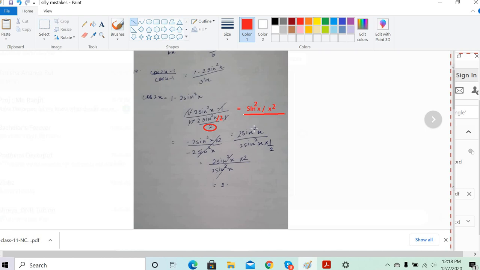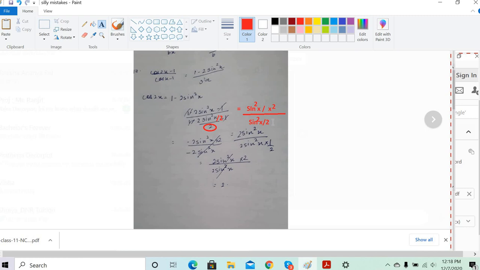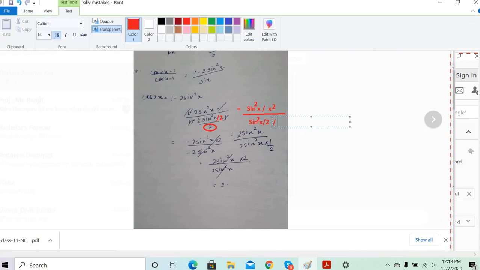What you want then is sine square x by 2 over x square by 4.